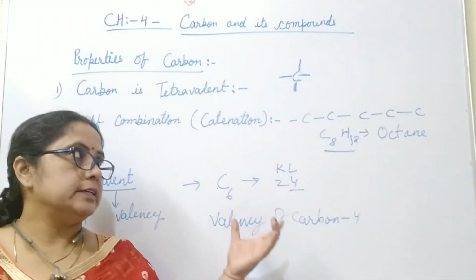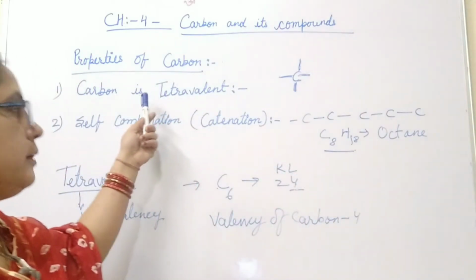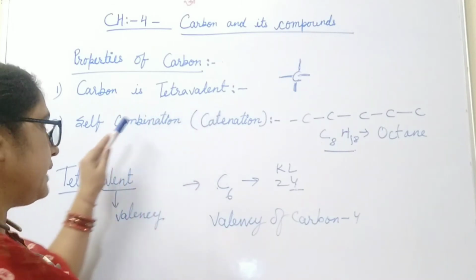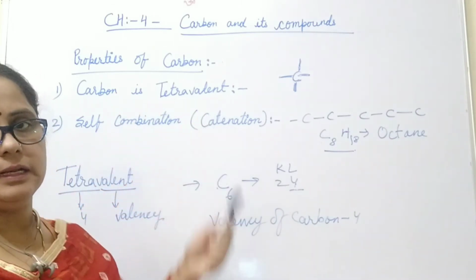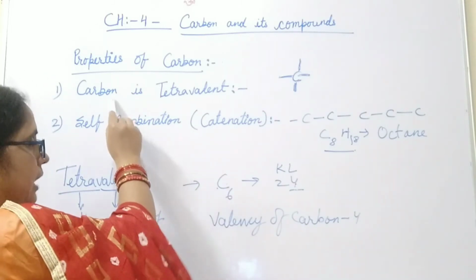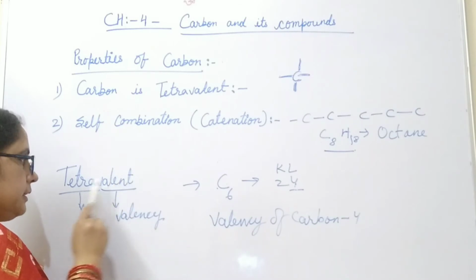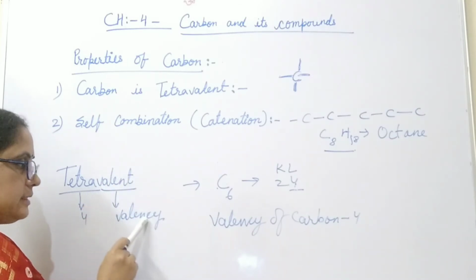Students, now we will discuss some properties of carbon. Carbon has two main properties. First is that carbon is tetravalent, and second is self-combination, also called catenation. First, carbon is tetravalent. In the word tetravalent, tetra means 4 and valent means valency.